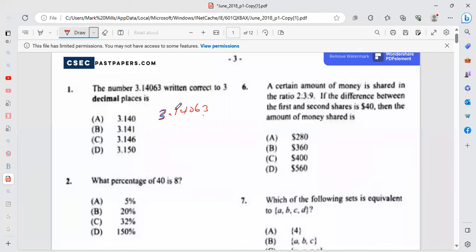So they say it's 3 decimal places, 1, 2, 3. We stop right, analyze the 6, we add 1. So that's how that being B. This one we say 8 over 40 times 100. So this cancel this. This one goes to 1 time, this one goes to 2 times, so let you 20%, right?